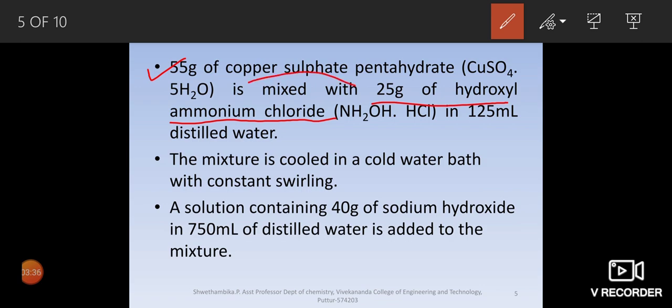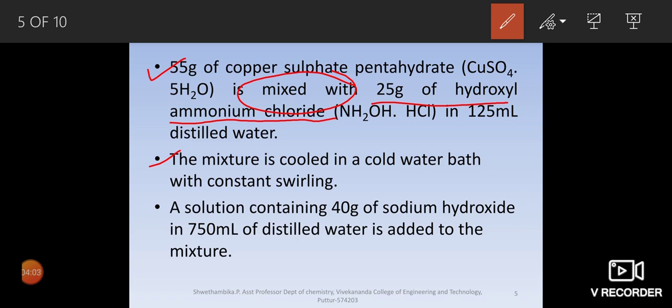Then the two reagents must be mixed well. So in fact, this comprises three steps: reagent A preparation, reagent B, and mix them well. Okay, and then in the next step, the mixture must be cooled well under a cold water bath, and we have to go for constant swirling. I said in order to facilitate precipitation, the system is always accompanied with stirring or swirling.